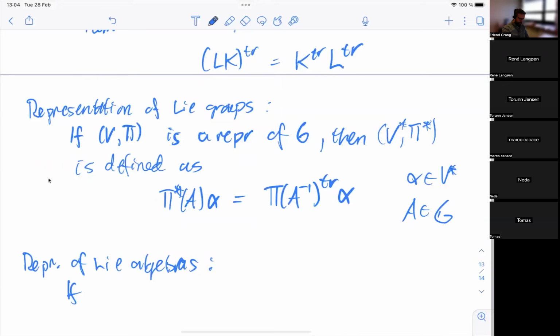And then if you differentiate this, you get the following conclusion.